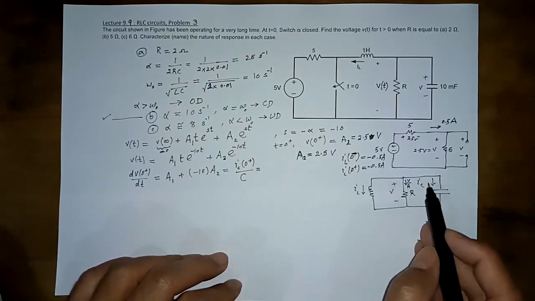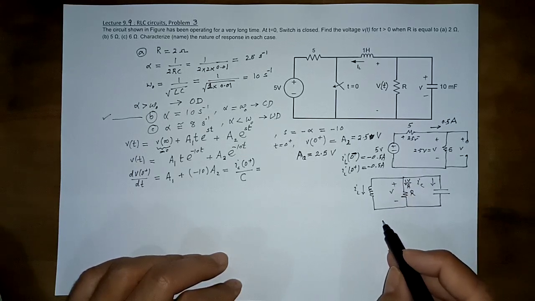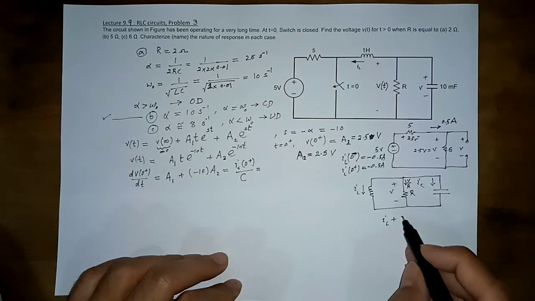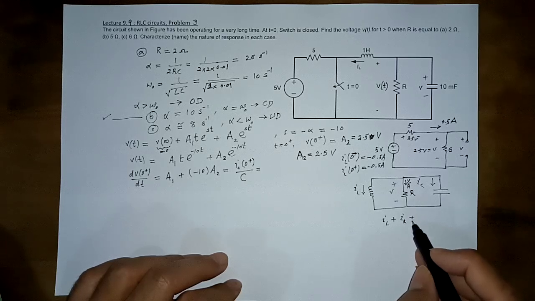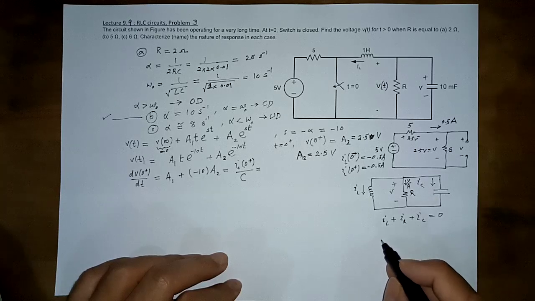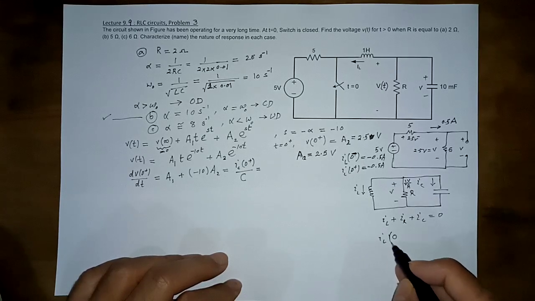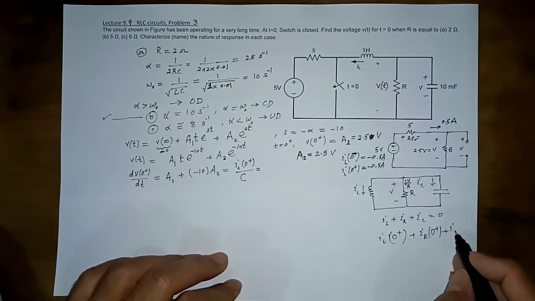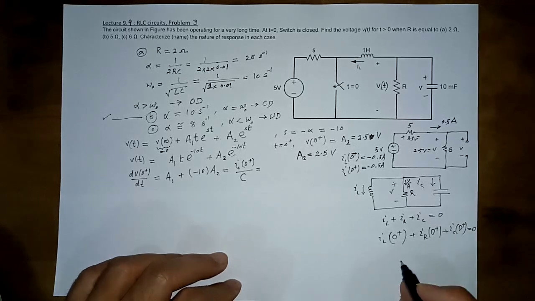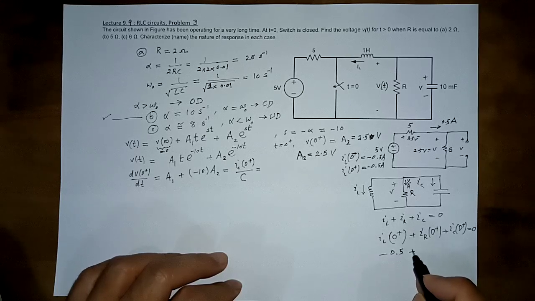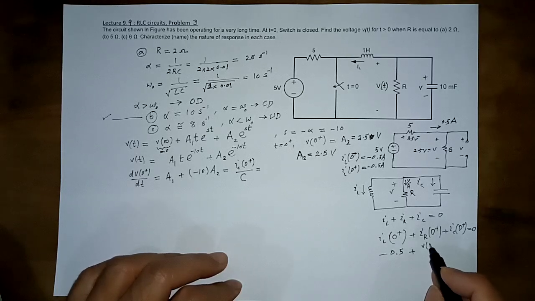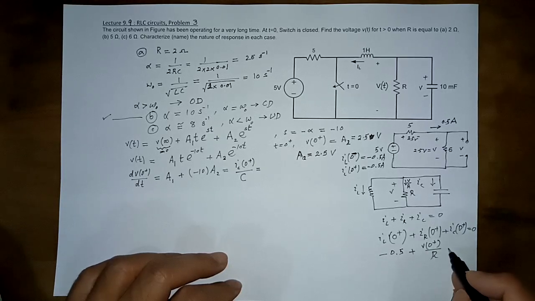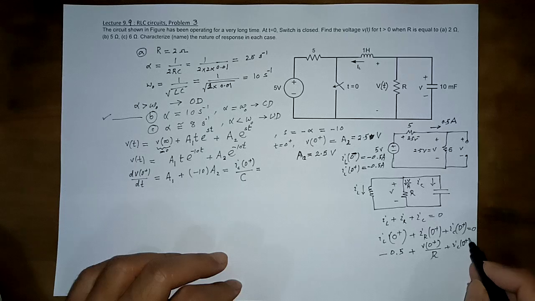So using KCL at this node, we can write IL plus IR plus IC equal to 0, and for a particular time, IL at 0 plus plus IR at 0 plus plus IC at 0 plus is also equal to 0, and IL at 0 plus is minus 0.5, and this is V at 0 plus over R, plus IC at 0 plus equal to 0.